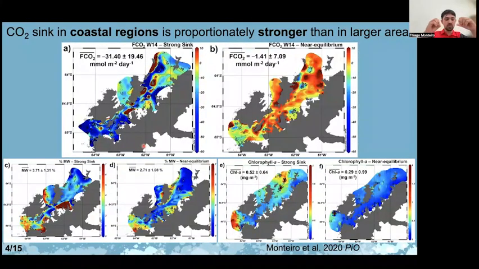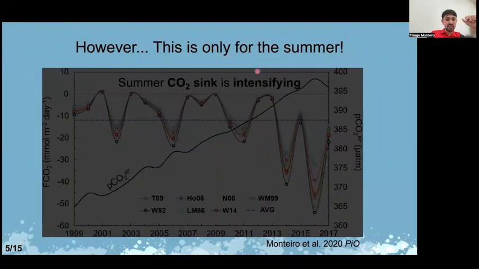The smaller coastal region is proportionally stronger than the larger areas, such as the Weddell Sea and Ross Sea, for example. This is very important because this region is important to the CO2 sink around Antarctica as a whole. But all of this information, as I said before, is just for the summer.